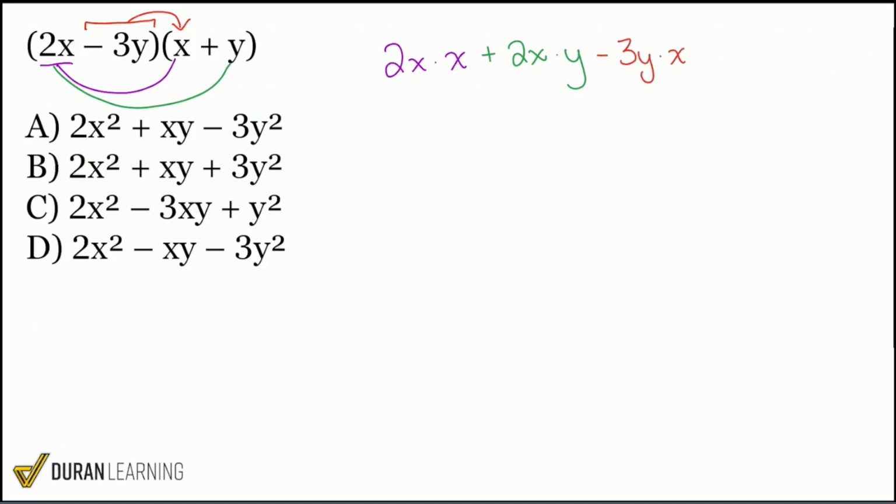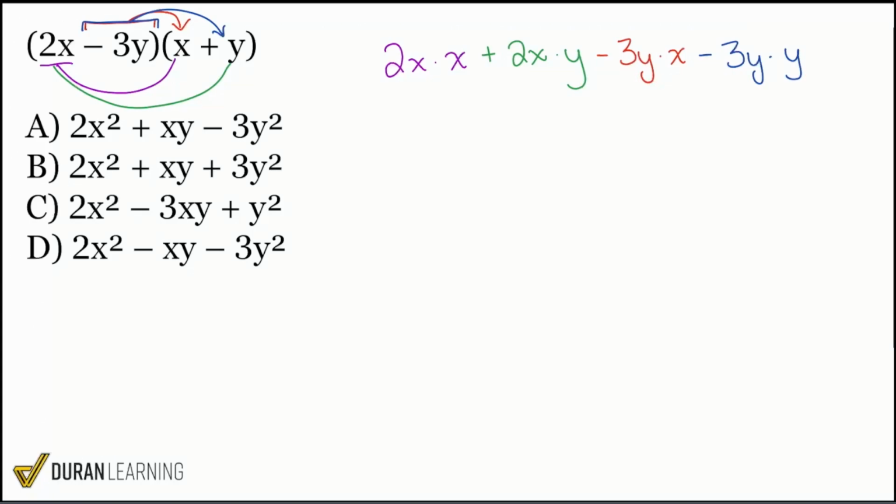And then lastly, we'll take that minus 3y and multiply it with the y. So minus 3y multiplied by y. So notice, I just took it one step at a time. That's all I did. That's all I focused on. So when we move forward to the next step, it's just going to be cleaning up each individual piece.